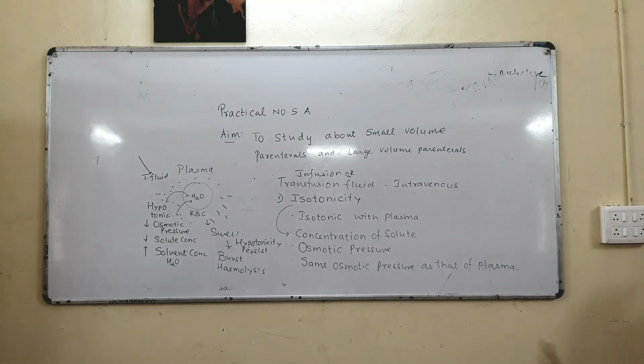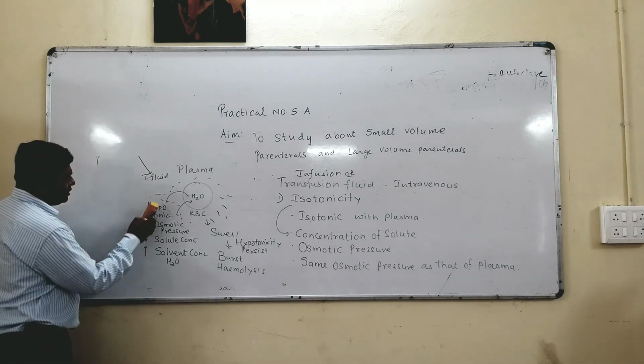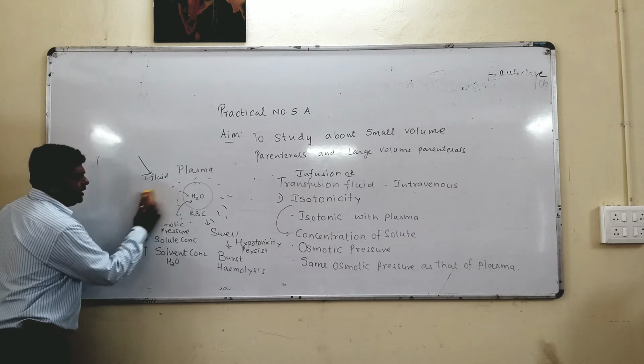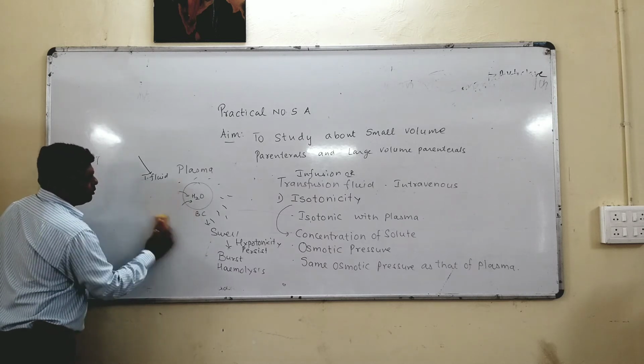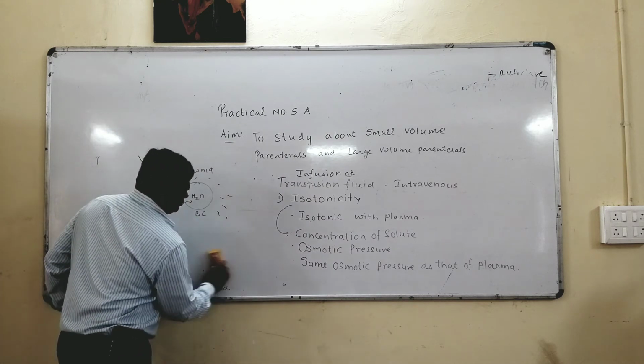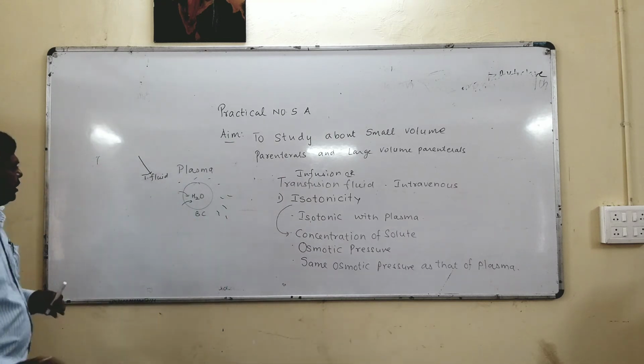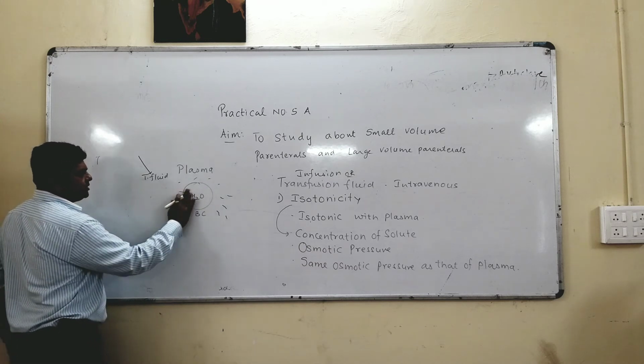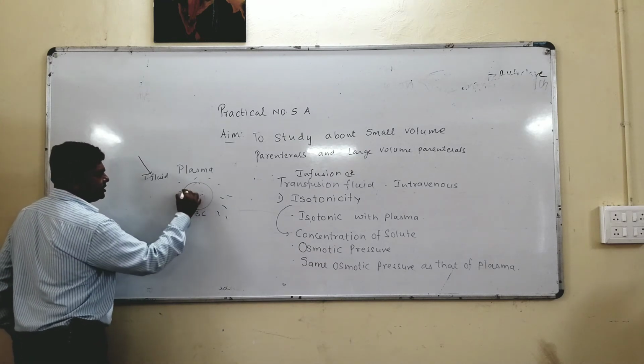And suppose you have injected transfusion fluid that is hypertonic. This is RBC, and the surrounding transfusion fluid is hypertonic.